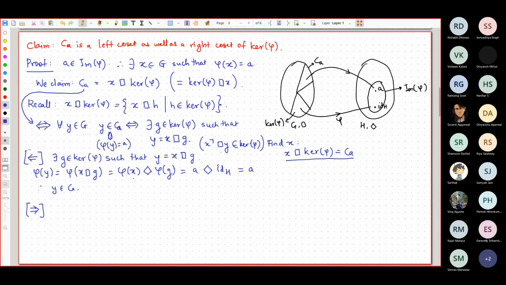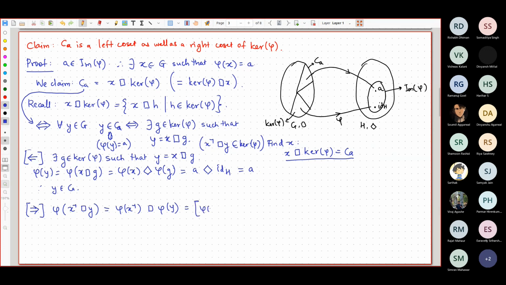Right, if we manage to prove this, then we are done. And that is also easy. What do we mean by x inverse square y belongs to kernel phi? We just need to take the phi of x inverse square y and prove that it is the identity element of the group H. Because phi is a homomorphism, this is just phi of x inverse square phi of y. But in the last lecture, we saw that if phi is a homomorphism, phi of x inverse is phi x inverse.